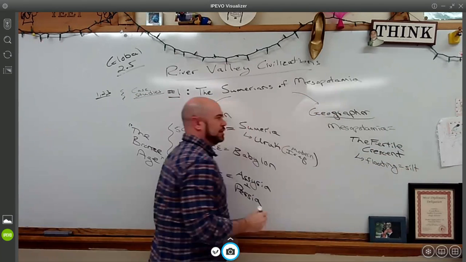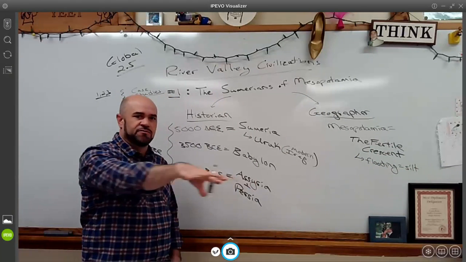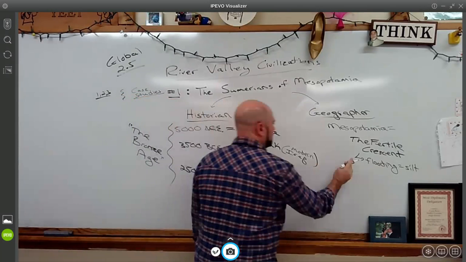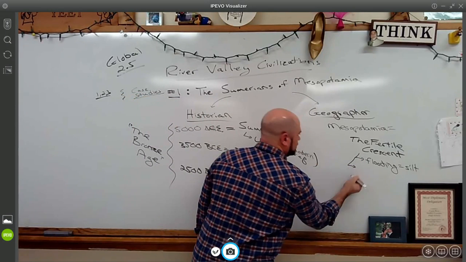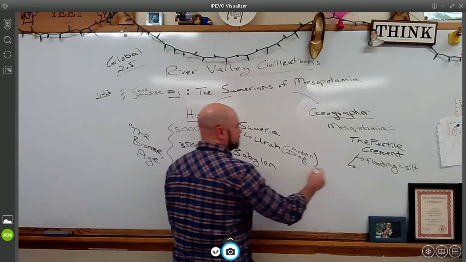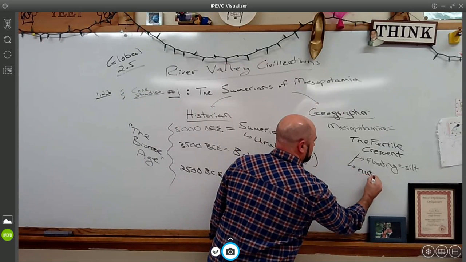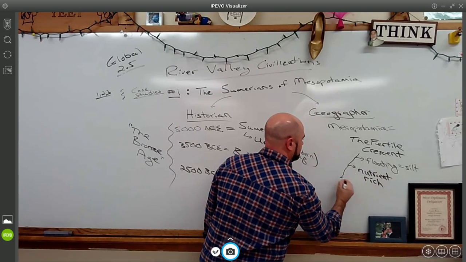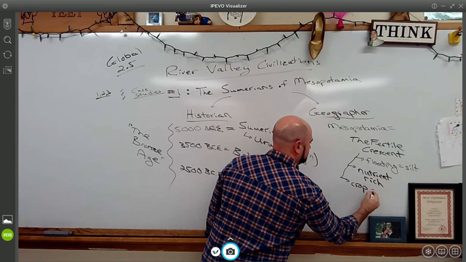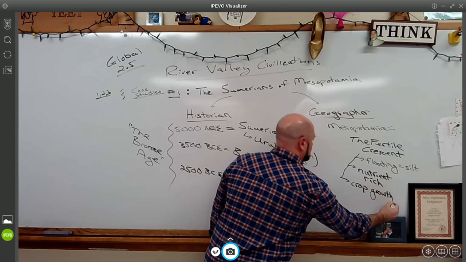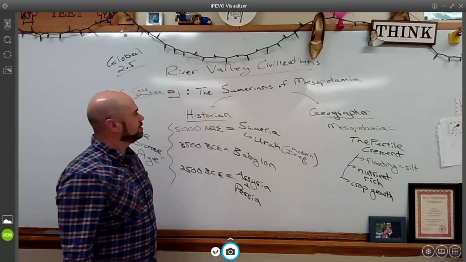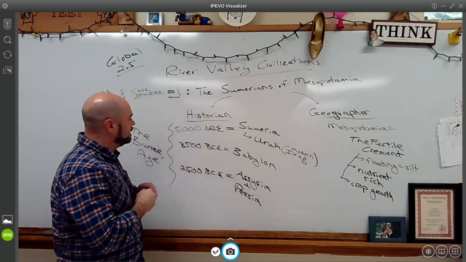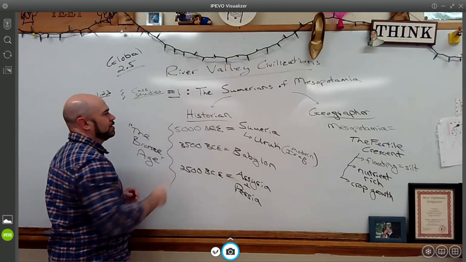This layer of silt throughout the floodplain of Mesopotamia, throughout that Fertile Crescent, that flooded land, leads to silt deposits, and it's very nutrient rich and great for crop growth. And that is the history and geography of Mesopotamia, especially these ancient Sumerians that we're focusing on.